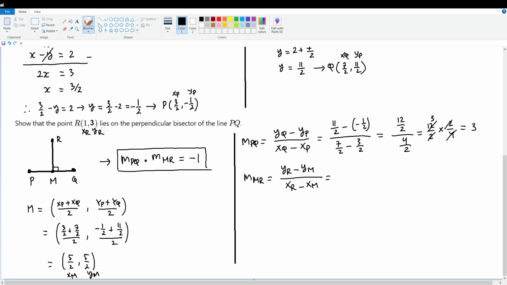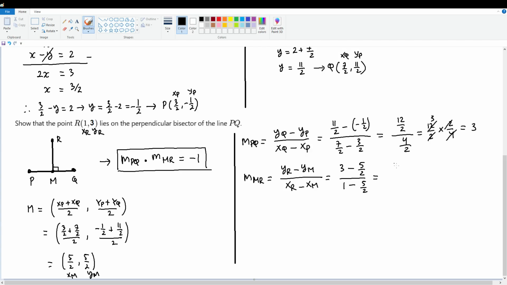Substitute the values: yR is 3 minus yM, which is 5 over 2, over xR, which is 1, minus xM, which is 5 over 2.